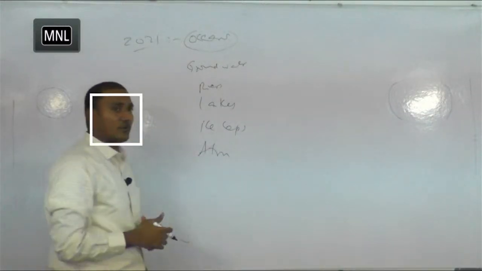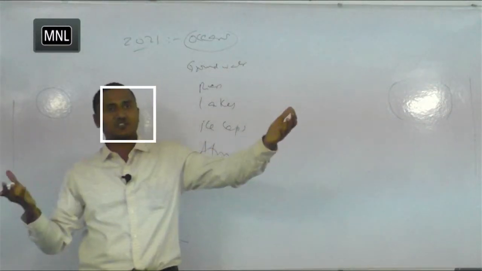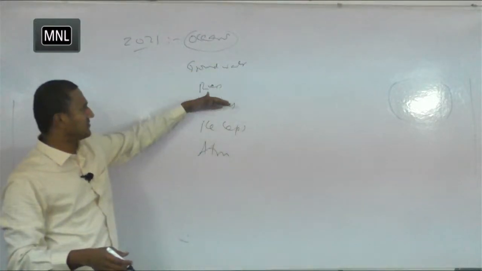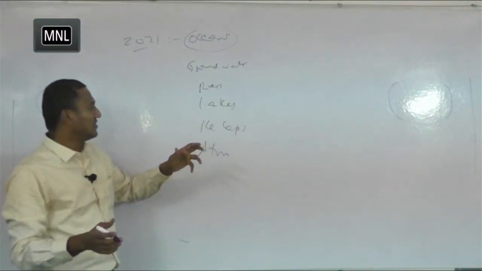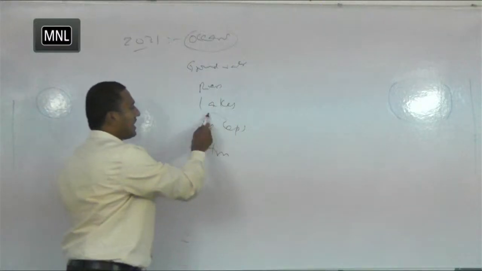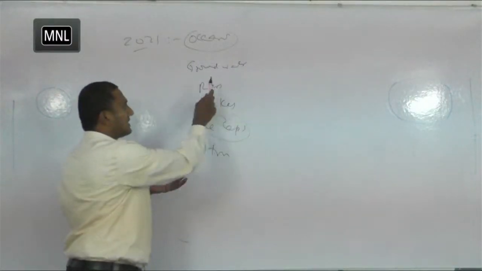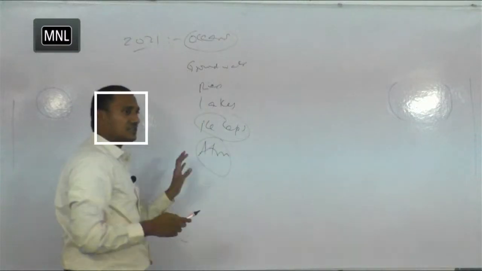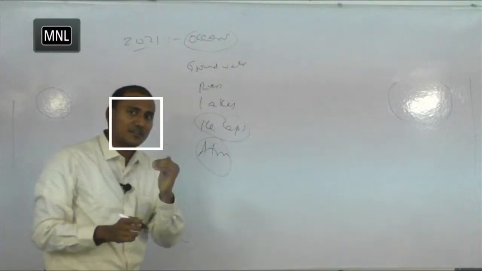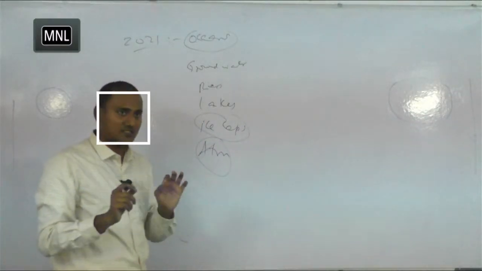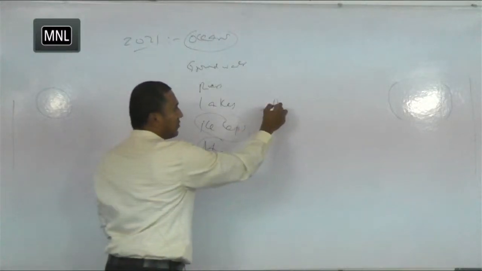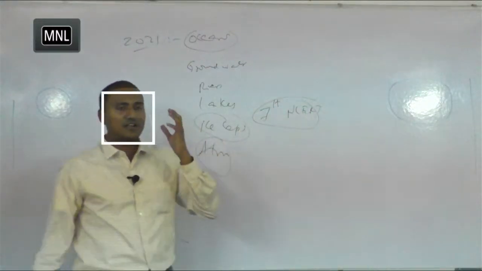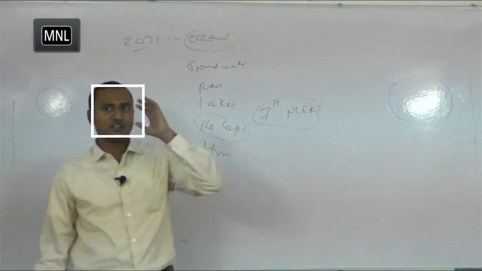There is enough water in the atmosphere also. Atmosphere means the moisture, the humidity, or the clouds. The question asks, for example, whether ice caps have more water than rivers and lakes, and whether the atmosphere has more water than rivers. This is clearly explained in the 7th class NCERT. Those students who have gone through the 7th NCERT don't need to memorize it; while reading the 6th and 7th NCERT, you can visualize.